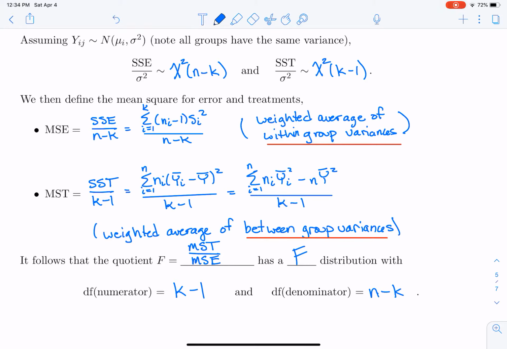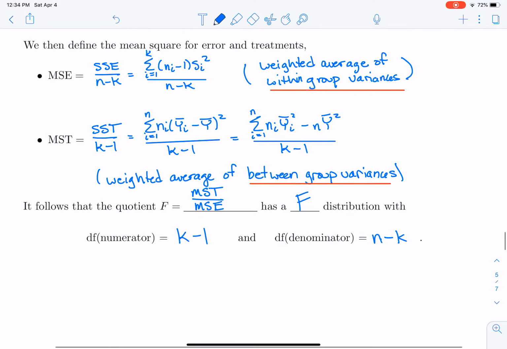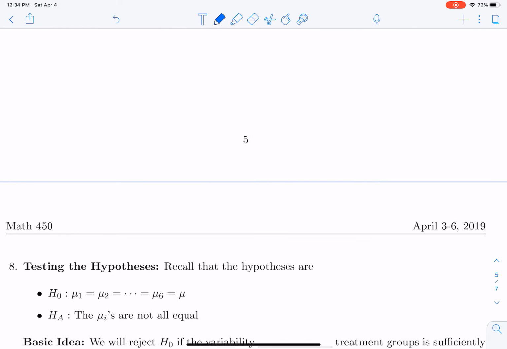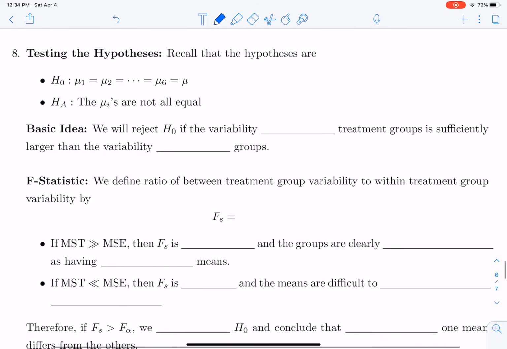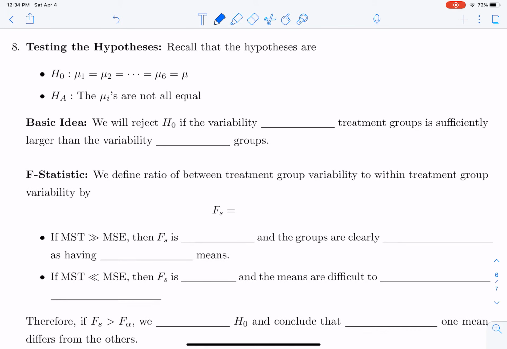Okay, so now it makes sense that we're going to be comparing the between group variances to the within group variances, and we now know what the distribution is when we form a quotient. So let's remember what our hypotheses are. The null hypothesis is that each of the mu's are equal, all the group means are equal.